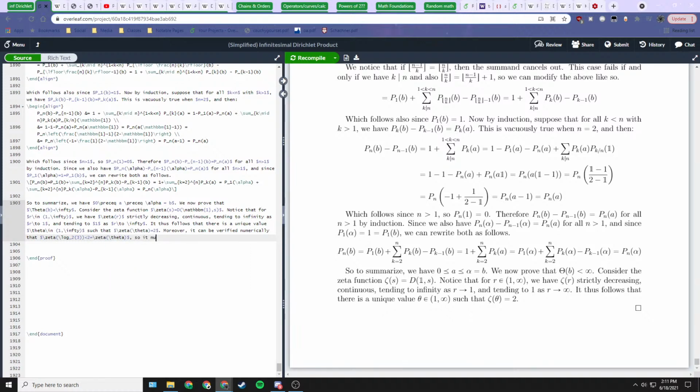So it must be the case that theta is strictly less than log base 2 of 3.